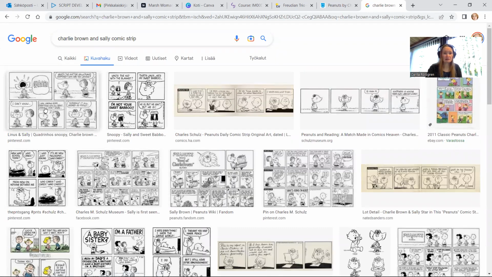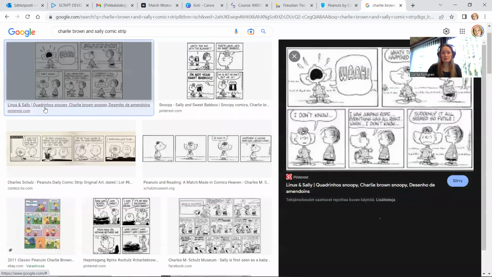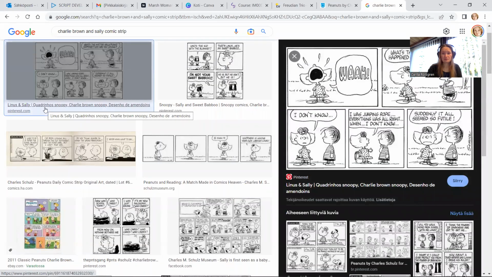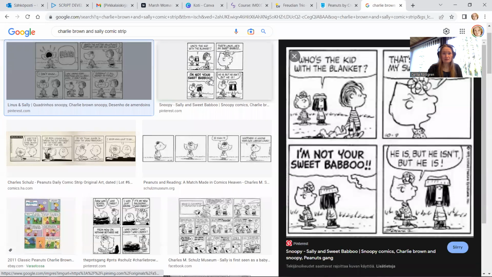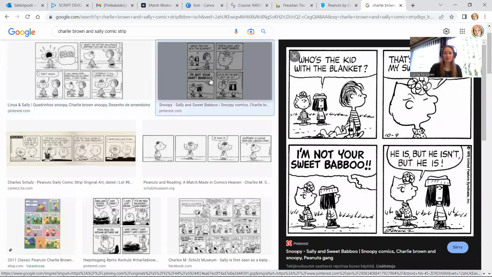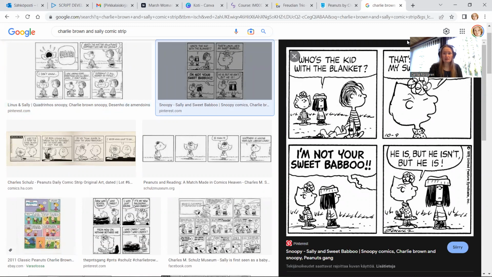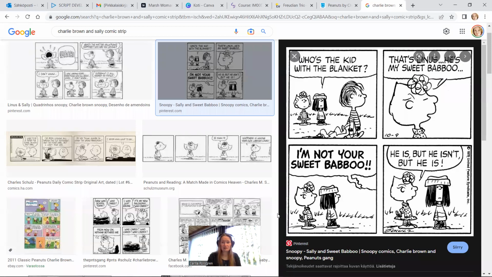Okay, there's Sally Brown. Here's one good example, by the way, of the relationship between Sally and Linus. There's this other girl asking who's the kid with a blanket, and Sally says quite proudly that that's Linus. He's my sweet baboo.